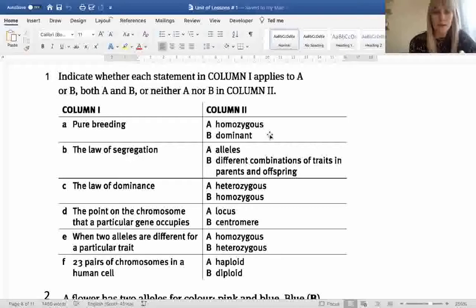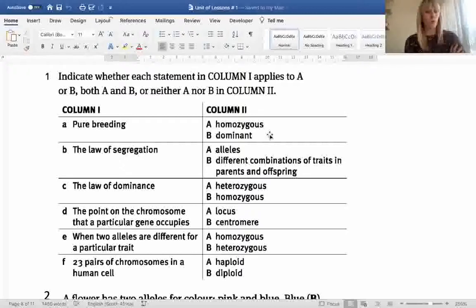Okay, C, the law of dominance. Is it A, heterozygous, or B, homozygous? So the law of dominance has to do with neither. So the answer is neither A nor B.